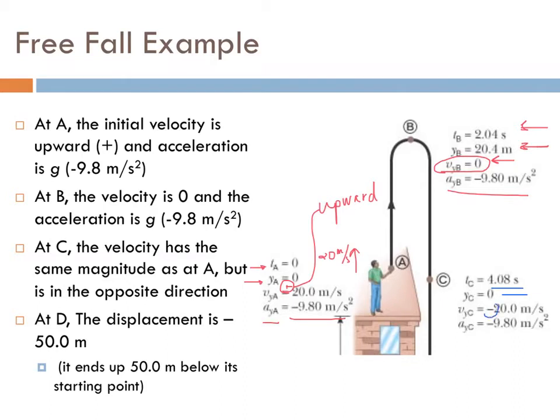Here we have a negative velocity. Again, what that tells us is that we are moving downward. So a negative velocity means we're moving downward. And as always, an acceleration in the y direction is going to be negative 9.8 meters per second squared.